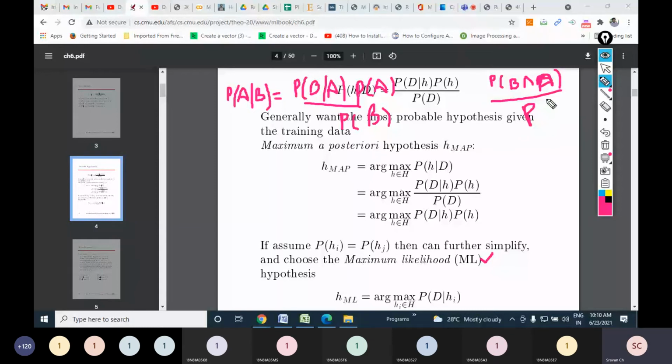So P of B given A into P of A divided by P of B can also be written as P of B intersection A divided by P of B. If you remember, P of B intersection A was 0.03, and the probability that a day will be Friday in a 5-day week is 1 by 5, which is 0.2.